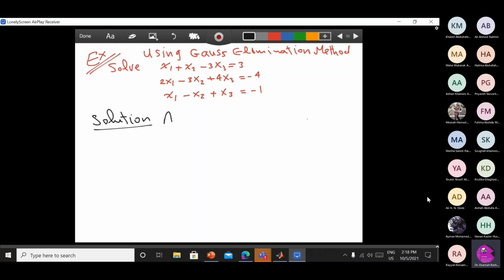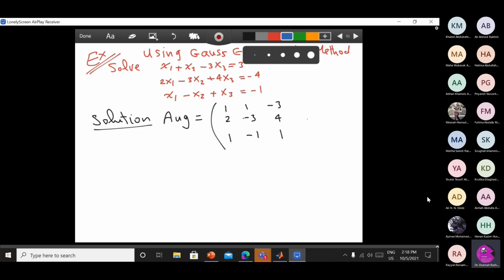So this augmented matrix is exactly the coefficient matrix, and you make a very fat line and write the constant values which are on the right-hand side of the equation.